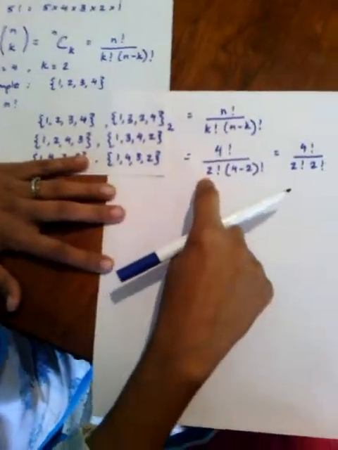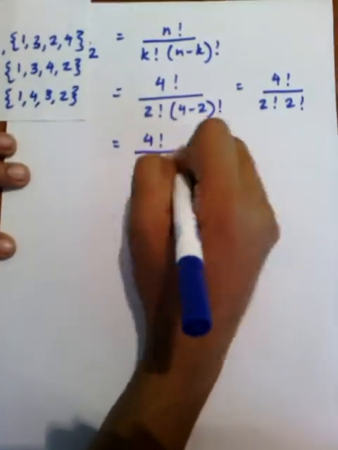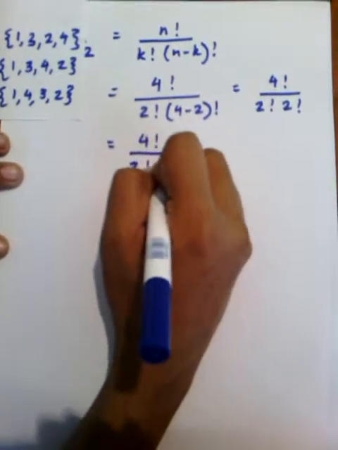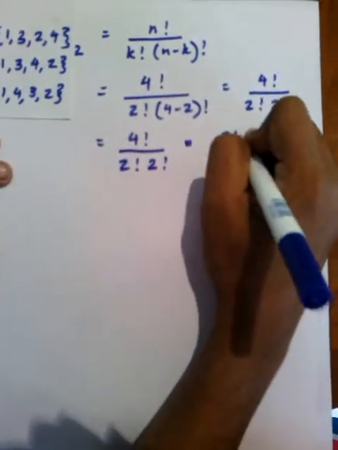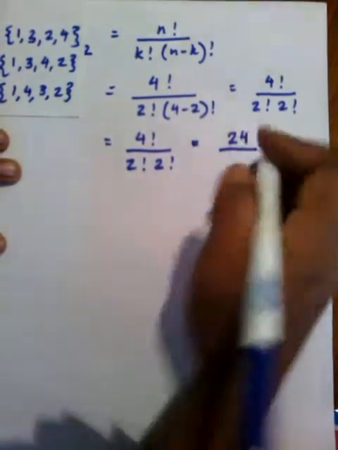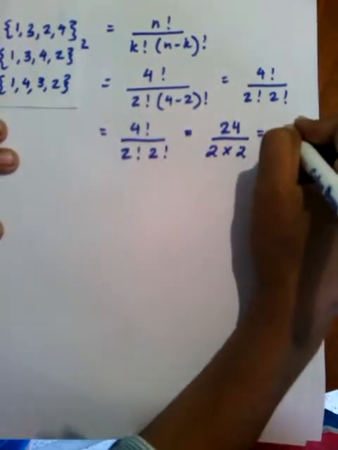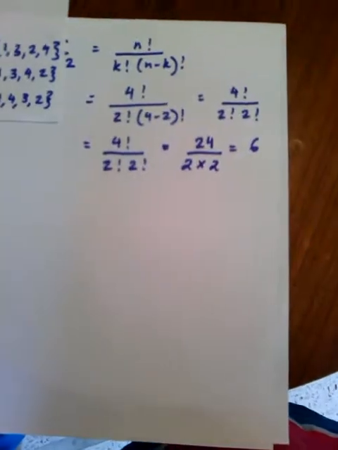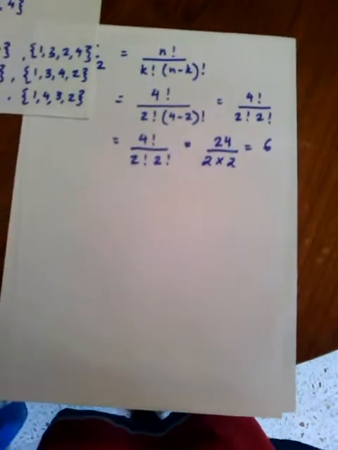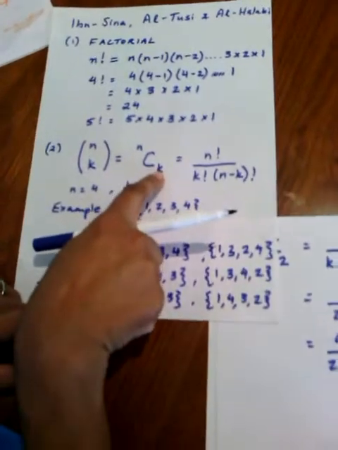So you get 4 factorial divided by 2 factorial times 2 factorial, which is 24 divided by 2 times 2, which is 6. So there are 6 different ways in which you can choose 2 of these numbers out of these 4 numbers. So intuitively you can see why the formula of n choose k works.